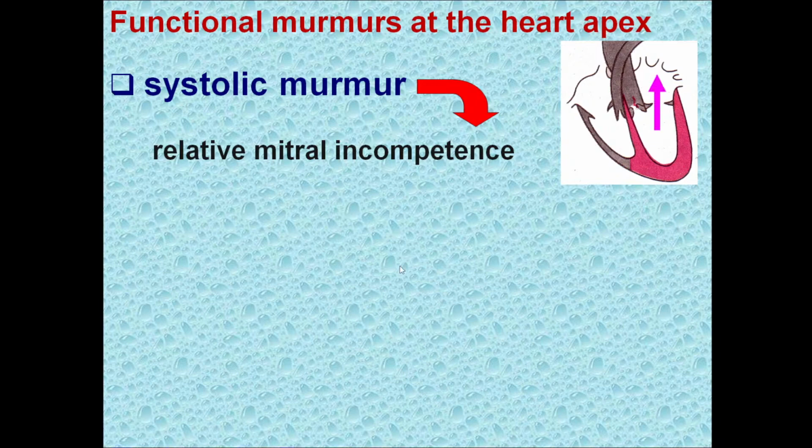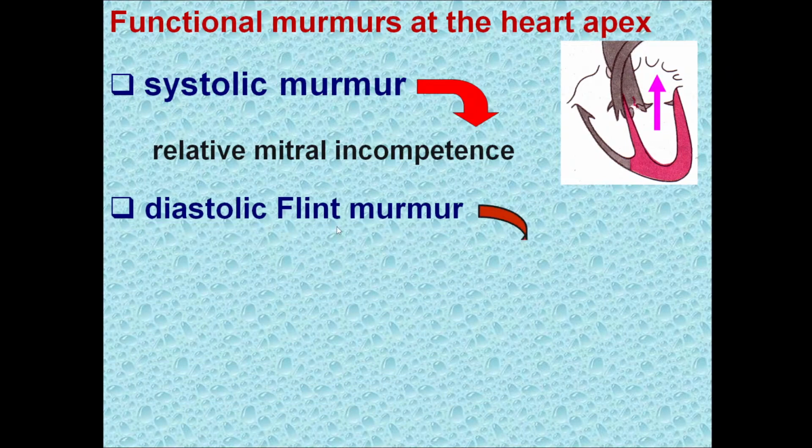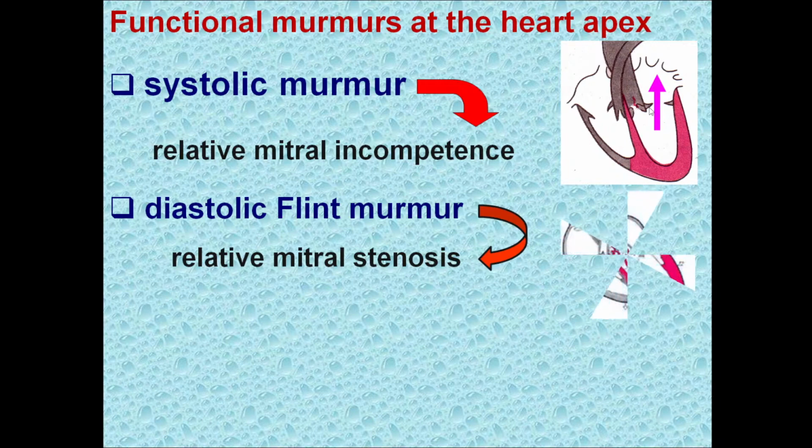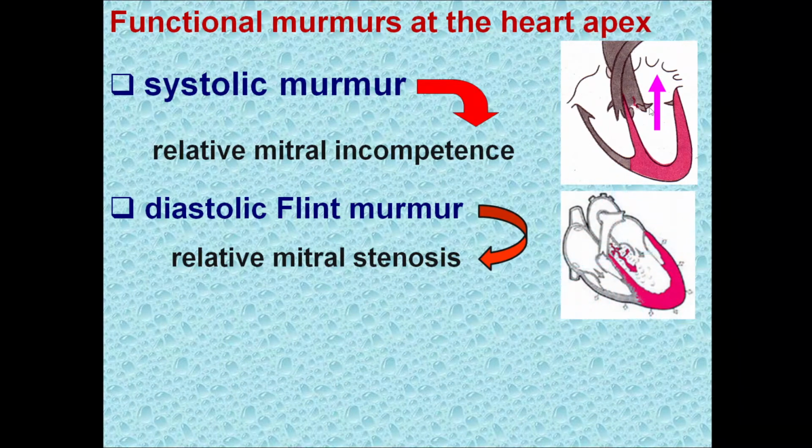And the diastolic, or Flint, murmur. Flint is the murmur which appears due to relative mitral stenosis. Let's remember the mechanism of its formation. During the diastolic period, when blood comes back from the aorta, it pushes on the mitral valve, which cannot be completely opened. As a result, the mitral orifice is narrowed due to rising of one cusp of the mitral valve.